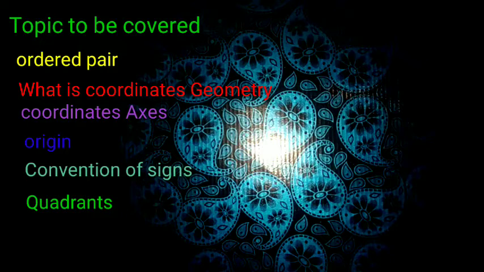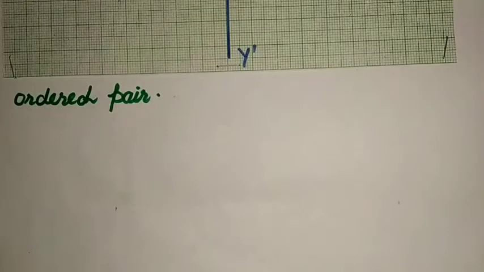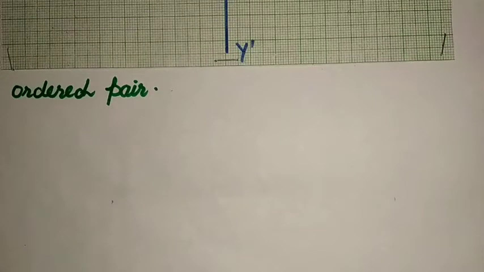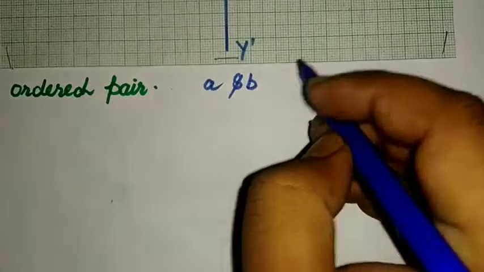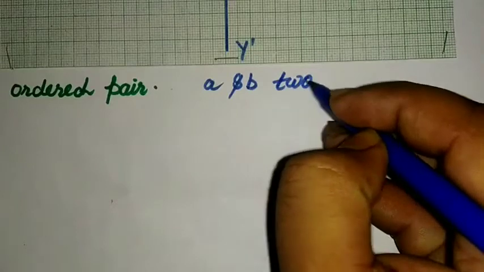So first we will discuss here ordered pair. In ordered pair, we arrange two numbers or elements in a specific order. Let's see here, we have A and B, two numbers.